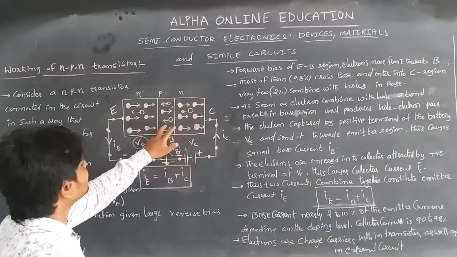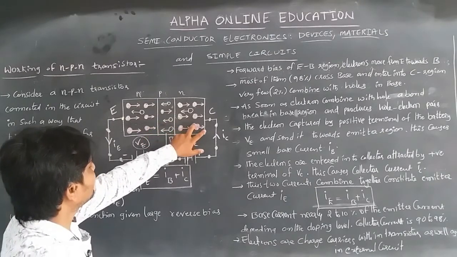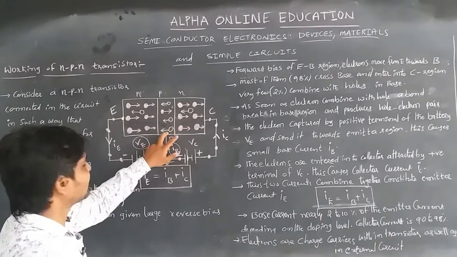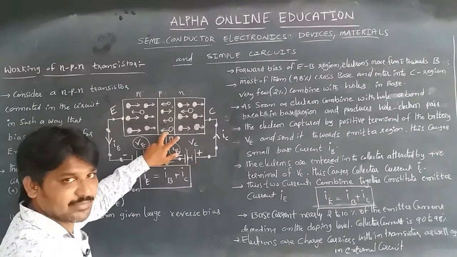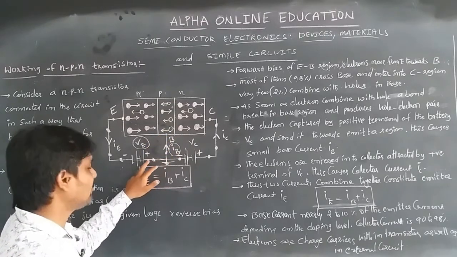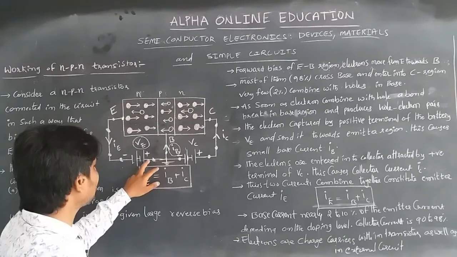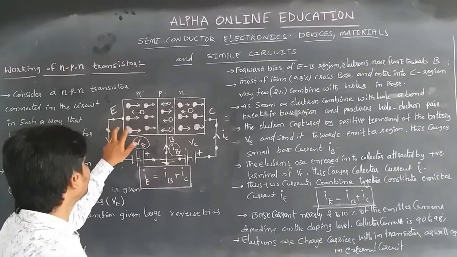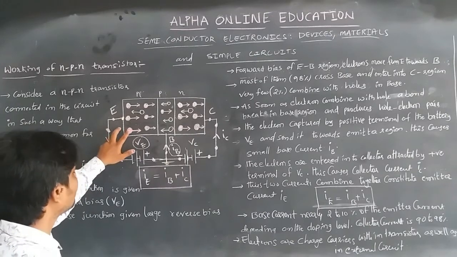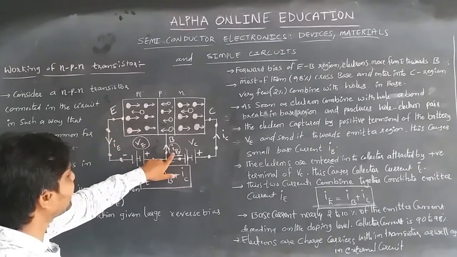Most of them are sent to the collector. Very few combine with the holes, and whenever they combine, the bond breaks at the base region. The electrons are acquired by the positive terminal of the battery and sent towards the emitter region. This causes a small base current in the circuit.